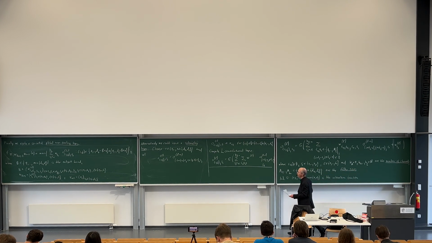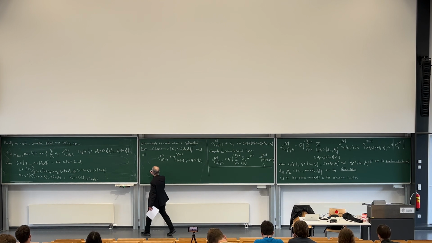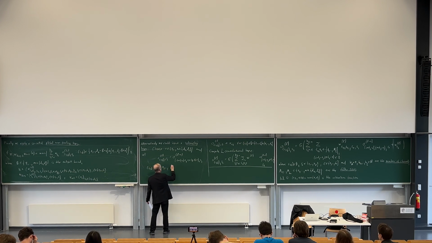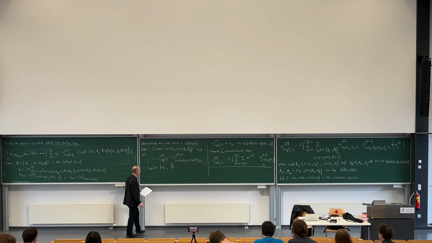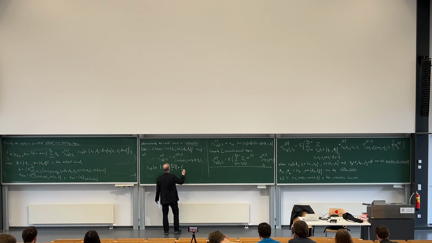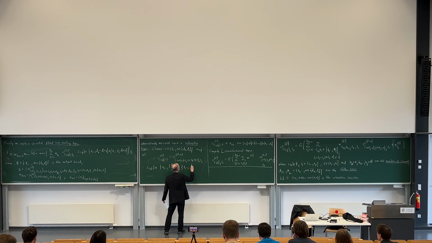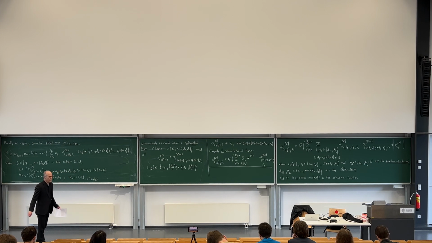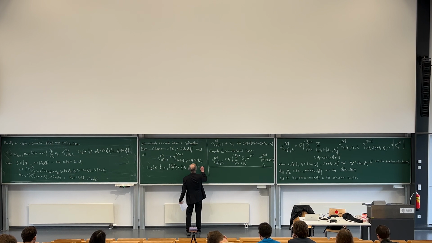So I actually runs in 1 to D1 divided by R, which doesn't have to be a natural number, so I make a ceiling: I go to the next natural number if it's not a natural number. And J runs to D2 divided by R. And those are my new indices, D prime.